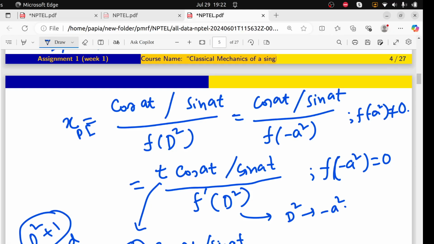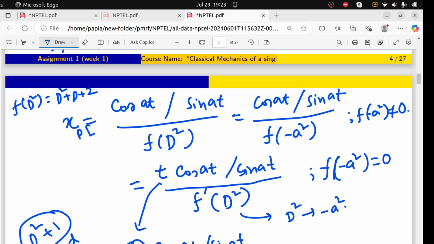Function of d square means anything like d square plus d plus 2, that is also function of d square, right? So whenever we have function of d square in the denominator, this d square should be replaced by minus a square, with the condition that f of minus a square is not equals to 0.